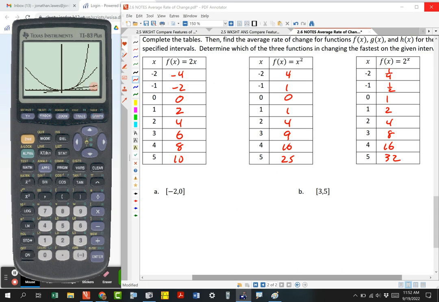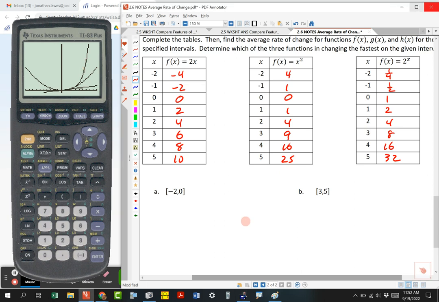This one is the linear one, the first one. This one is the parabola. And this one is the exponential. Do you remember this story from last year, like 1 grain of rice, when we did the exponential stuff? Exponentials grow unbelievably fast. They have huge rates of change when we get out near the ends, out near positive infinity.